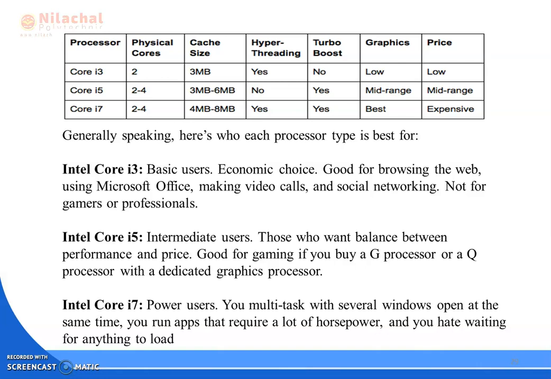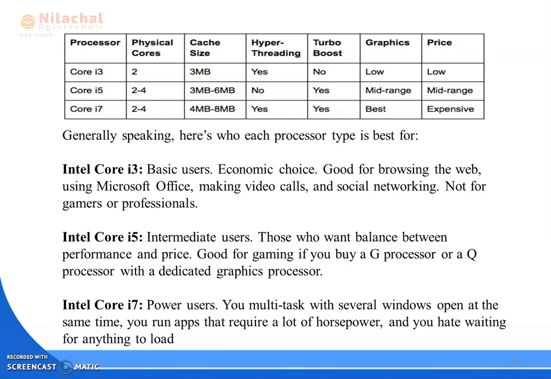We can run multiple applications, and as per the work, it is obviously more expensive in price than the Intel Core i3 and Intel Core i5 processors.